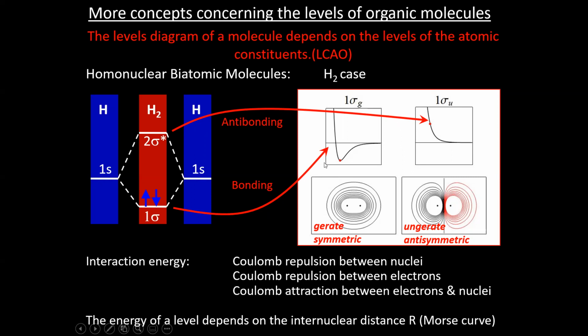And here on the x-axis, you have the distance between the two nuclei of the homonuclear molecule. So there is an optimum distance where the molecule is stable and will stay.